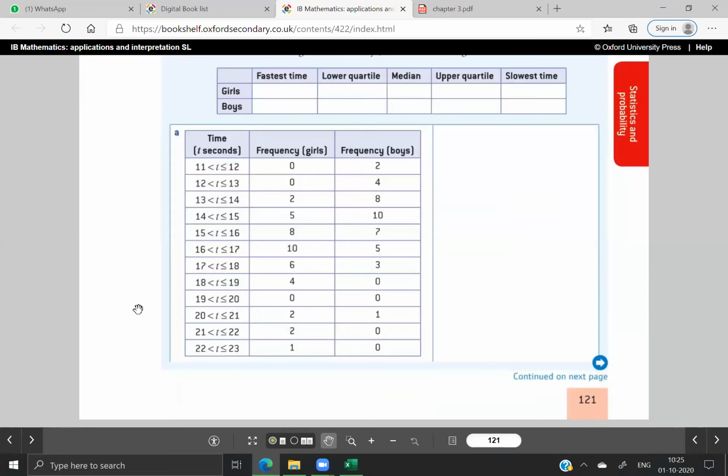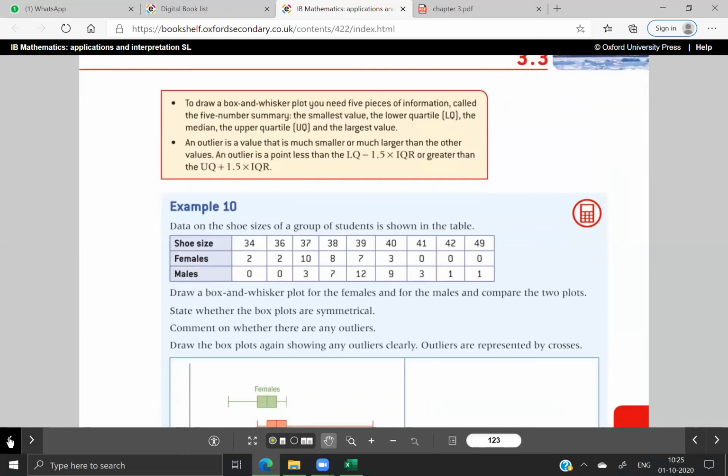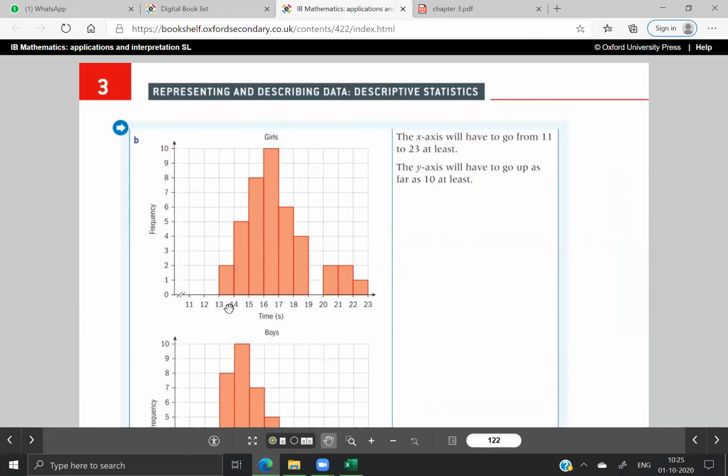Now this, when we try to draw, so here x-axis and y-axis. Y-axis, as I told you, represents the frequency and x-axis is the time. So for girls, 11 to 13 wasn't there, so here they have started the bar from 13.